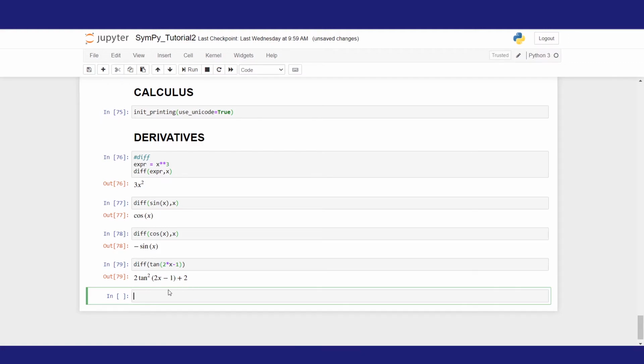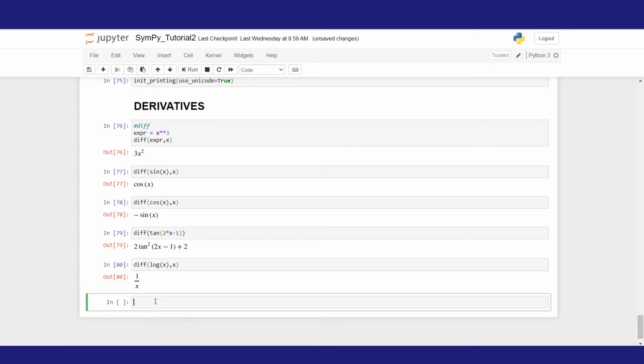Okay, so finally, to check more, we can check on the derivative of log of x. That means natural log of x, and the symbol used here is x, so that will give us 1 over x as usual.